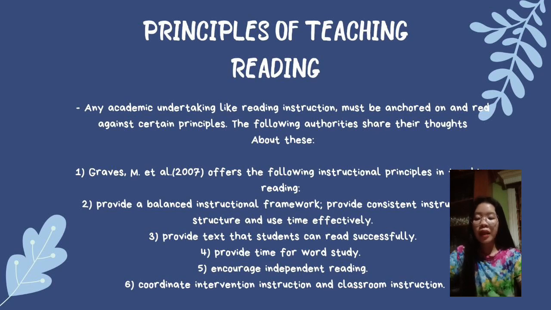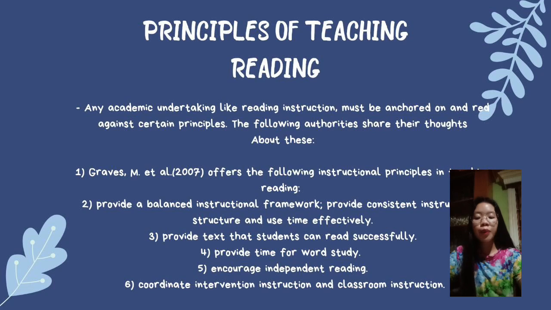Number one is building positive attitudes and perspectives. To achieve this principle, as a teacher, we must encourage positive attitudes about reading and learn the students' current attitudes. In a classroom, we must promote reading and create classroom norms that value reading.